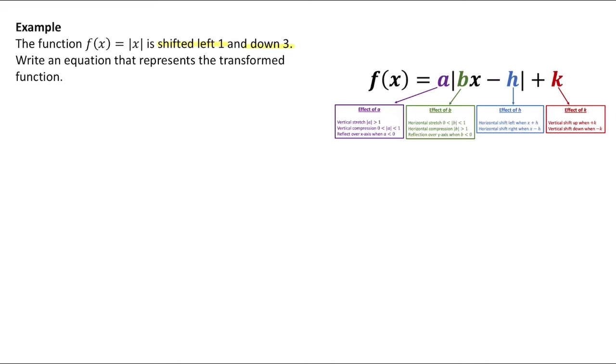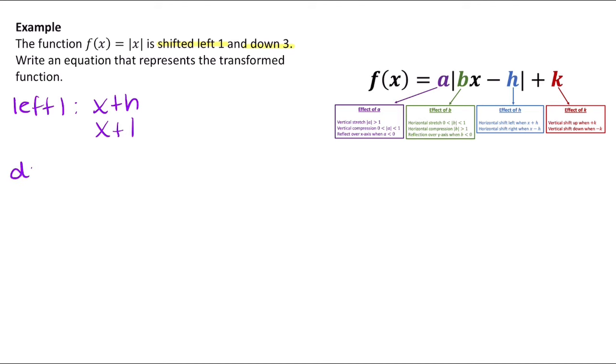Okay, so now I need to think about what I'm doing in terms of A, B, H, and K when I'm going left 1 and down 3. So let's think about that. Left 1 is going left or right, which is the x plus h situation, right? So I'm going to need an x plus 1 in order to go left 1.